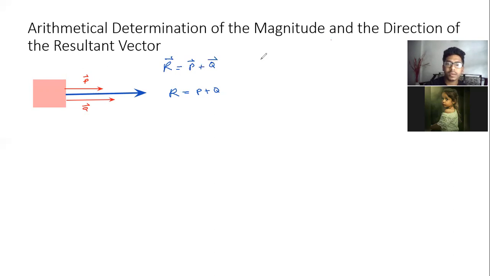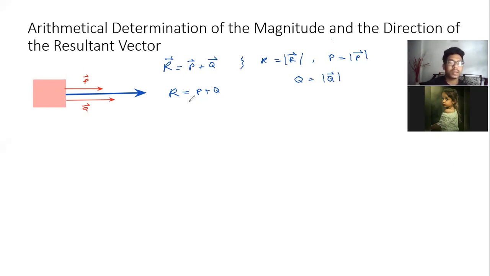now here I write down the fact: R equals the magnitude of R vector, and P equals the magnitude of P vector. And Q equals the magnitude of Q vector, right?